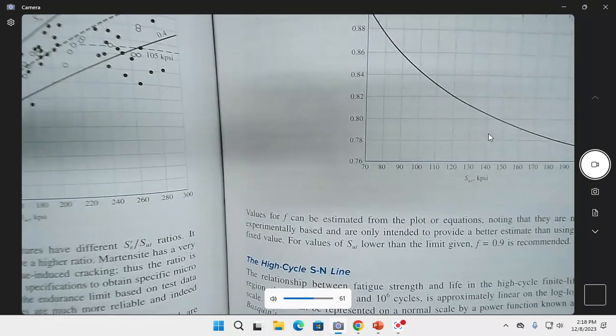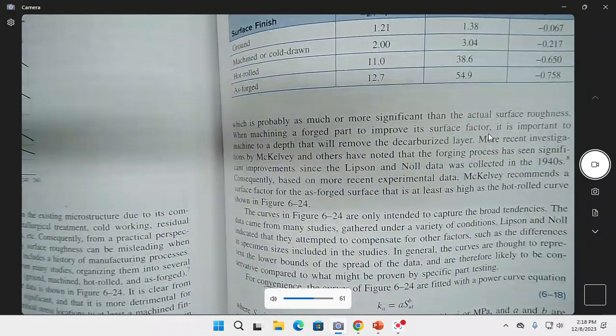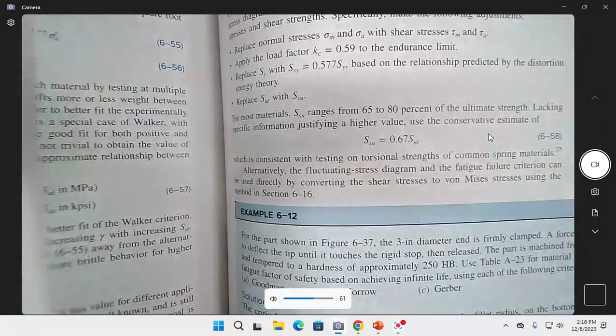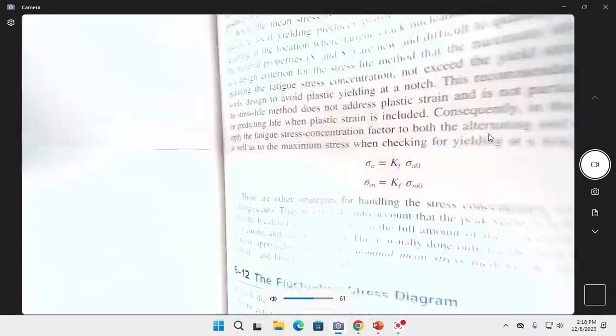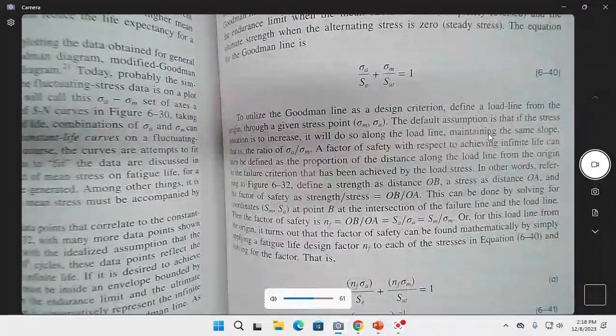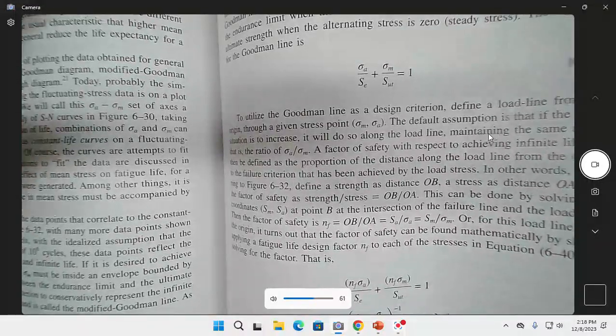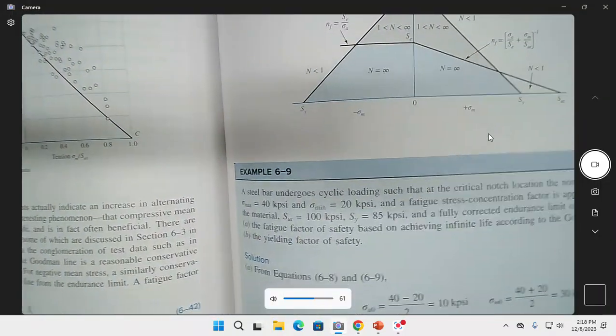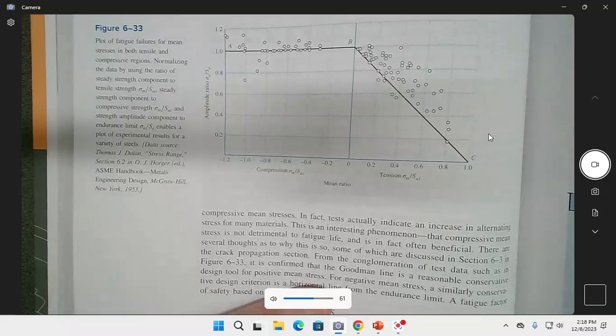This can be witnessed by one of the first figures in the fluctuating stress section. There you go. Boom.